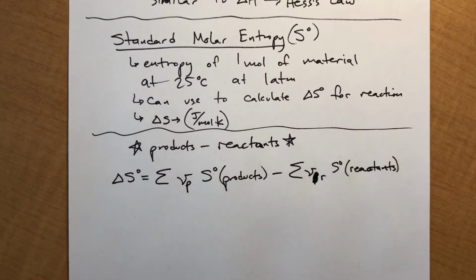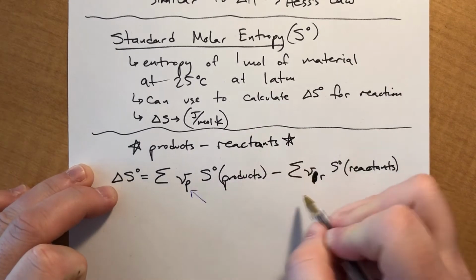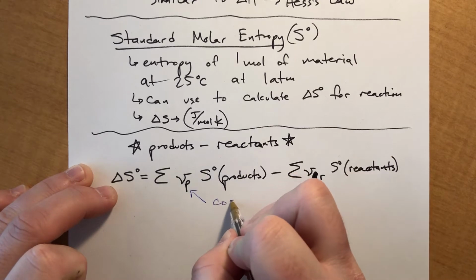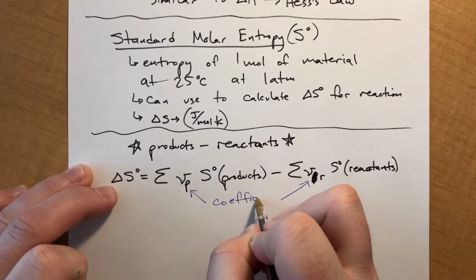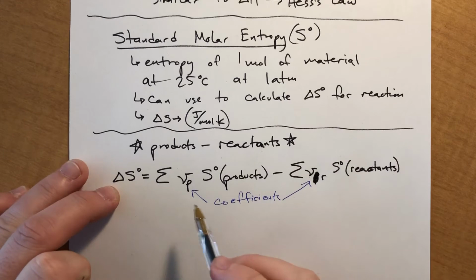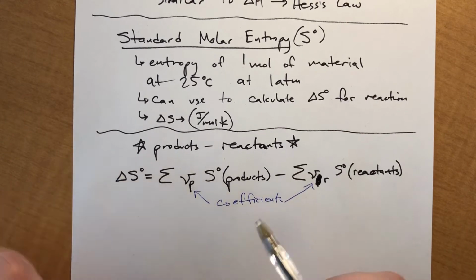So we label these as the coefficients. Honestly, all it is, you just look up all the products and all the reactants, you look up their S values and you multiply them by the coefficients.